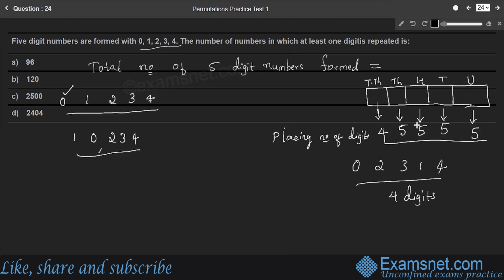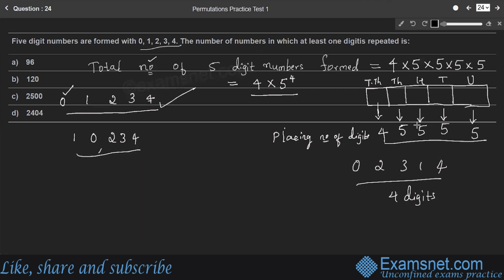Therefore, the total number of 5-digit numbers formed is equal to the number of digits in the 10,000s place into the number of digits in the thousands place into hundreds place, which is 5, into tens place, into units place. Therefore, the total number of 5-digit numbers so formed is 4 into 5 raised to 4, right?